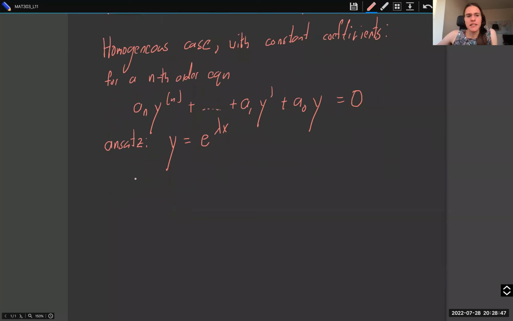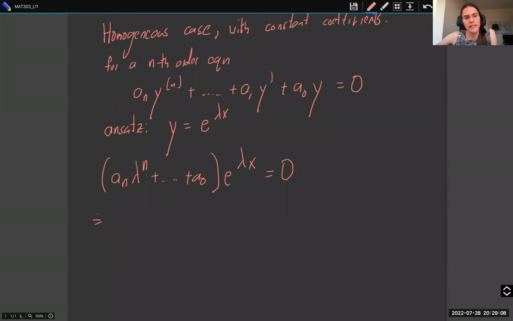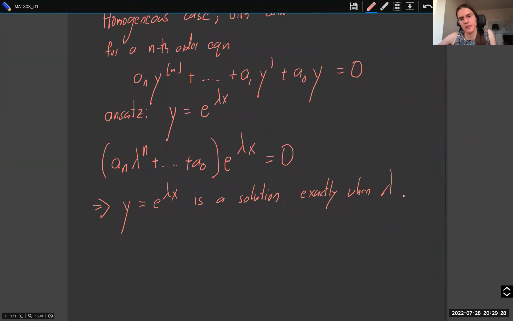And what happens is that with this ansatz, the equation becomes (a_n lambda^n plus dot dot dots plus a_0) times e to the lambda x is equal to 0, which implies that y equals e to the lambda x is a solution exactly when lambda is a root of the characteristic equation.